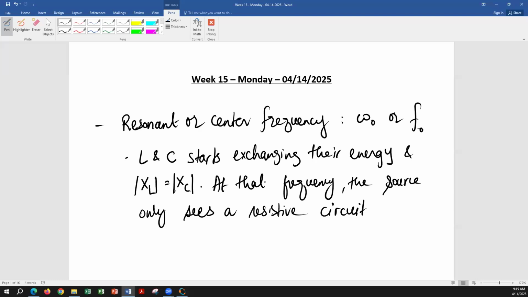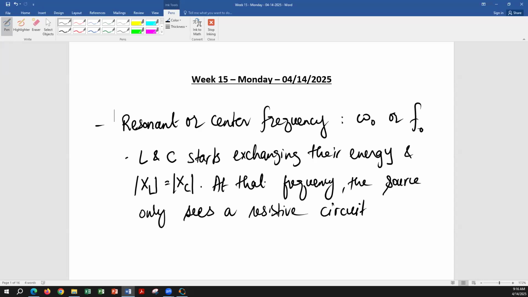When you add them in series, XL has, let's say, 5j and XC is negative 5j. They're going to cancel each other, and basically you can replace them by a short circuit. So the source will only see that I have only resistance connected in the circuit, because XL and XC cancel each other.